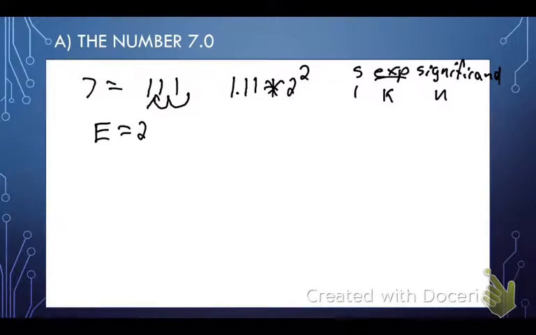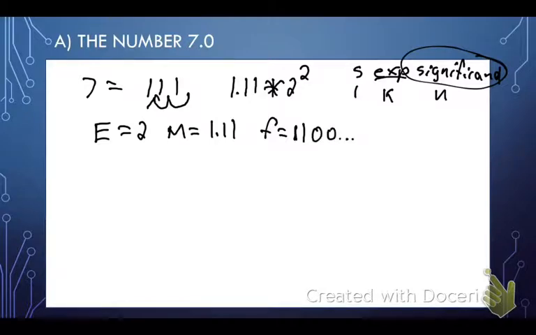Our mantissa, I'll call it M, is going to be 1.11, which means that our significand, which the book calls F, is just going to be 1, 1, with a bunch of zeros behind it. All right, the final value, V, is going to be 7, because this is a number that we can represent perfectly in floating point. And the exponent bits, well, let's talk about it.